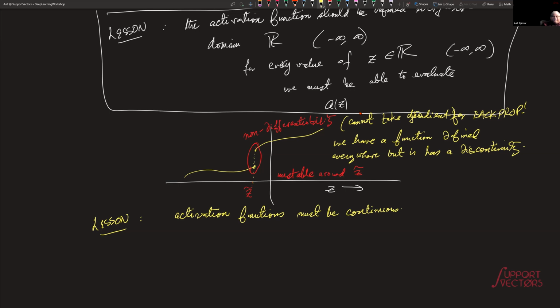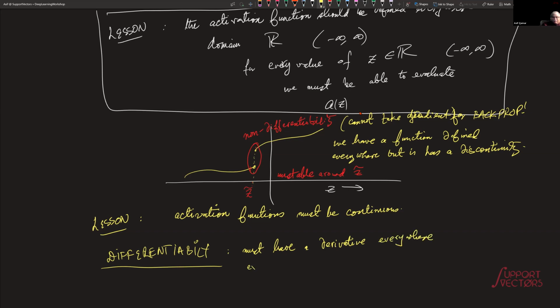And along with it, let's also throw in the caveat: what about differentiability? You need differentiability also, isn't it? What is differentiability? A big mouthful of a word. What does it mean? It must have a derivative everywhere, except perhaps a couple of points.